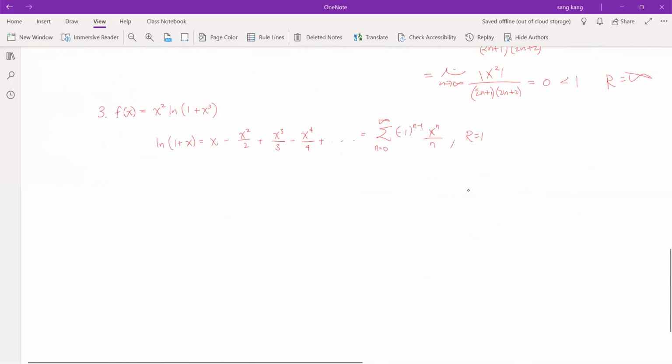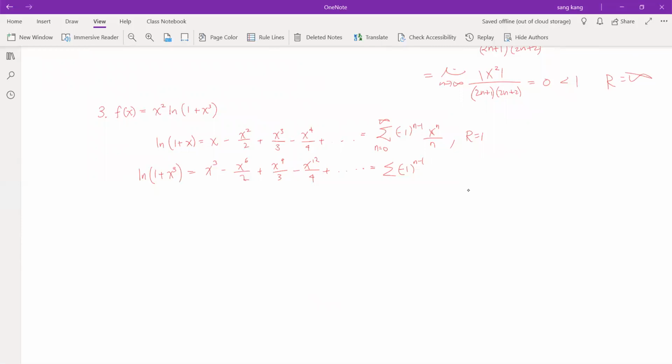So now, we'll start from the inside: ln of 1 plus x cubed. I'm replacing x with x cubed. So I'll have x cubed minus x to the 6th over 2, plus x to the 9th over 3, minus x to the 12th over 4. The sum is x to the 3n over n, n equals 0 to infinity, with the negative 1 factor.